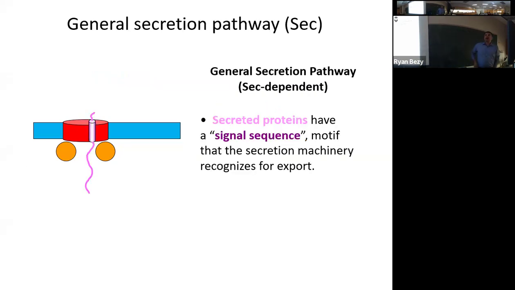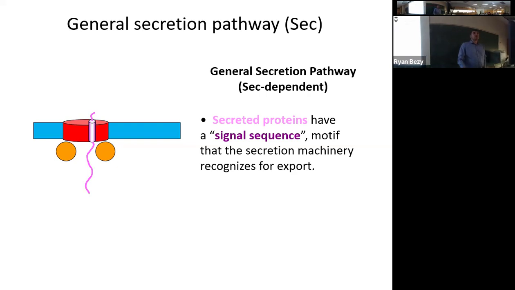Secreted proteins have to have the right, what is called signal sequence. This is a structural motif that the secretion machinery recognizes and then allows that protein to get secreted or exported.